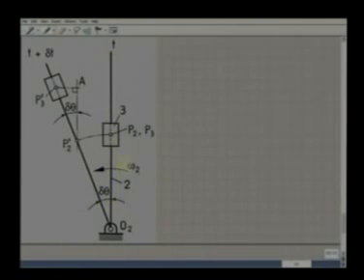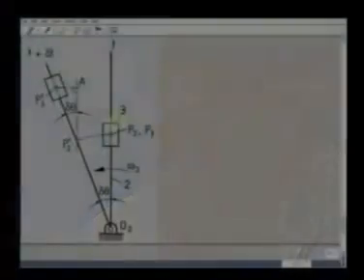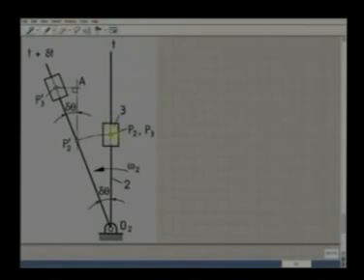Let us consider omega 2 is the angular velocity of this rigid body 2, that is this rod is rotating counterclockwise, and in time delta t it rotates through an angle delta theta. During this time delta t, body 3 has moved from here to there. That is P3 has gone to P3 prime, whereas P2, the point on the rod, has moved to P2 prime because it is rotating about the point O2.